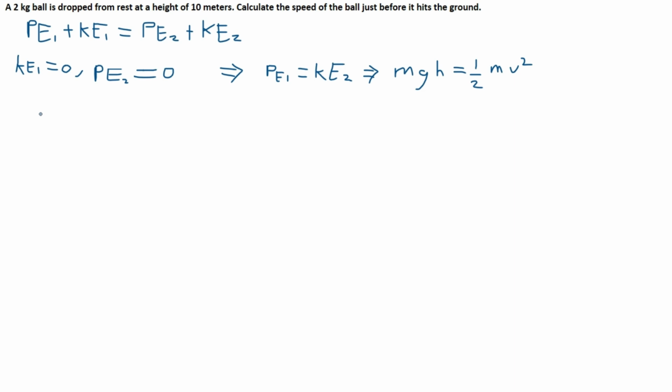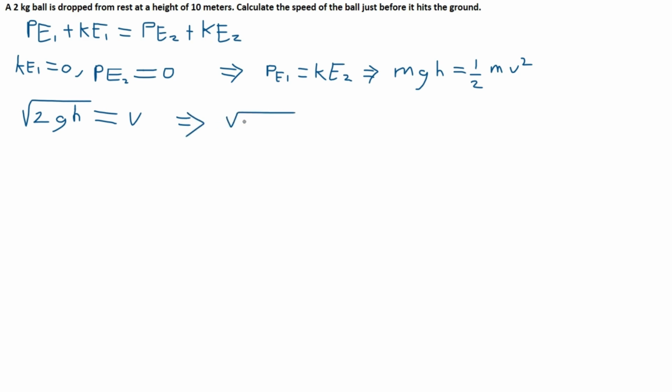Now, we can rearrange this formula to solve for velocity. By doing so, we get that 2 times the gravity times the height, and the square root of it is equal to the velocity. Now, let us plug in these values that we have.